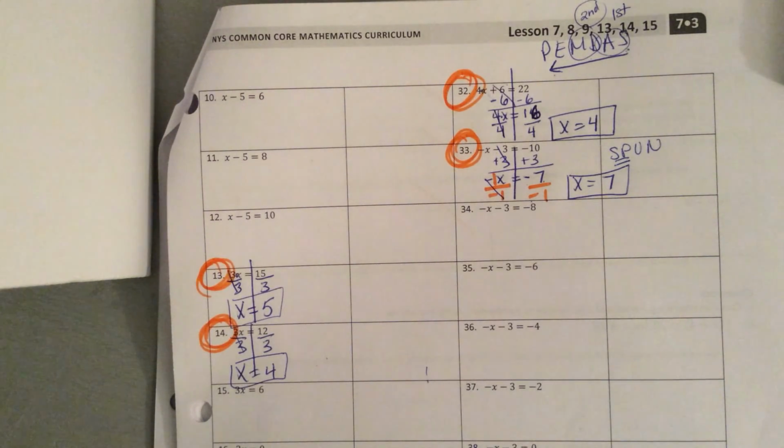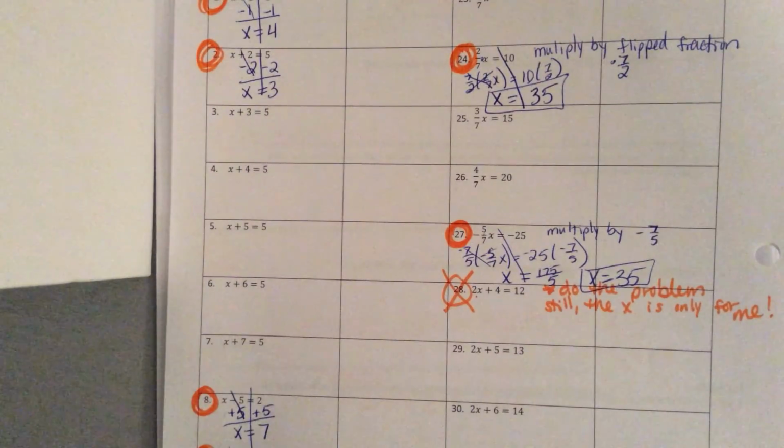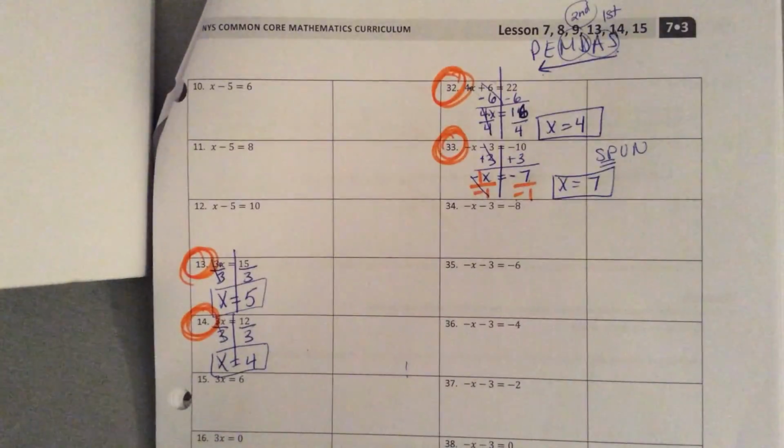Okay? So at this point, I want you to work on these questions. So start on the front here. Work on the questions here. So you're working on the questions on this page, page 41, and this page here, page 42.